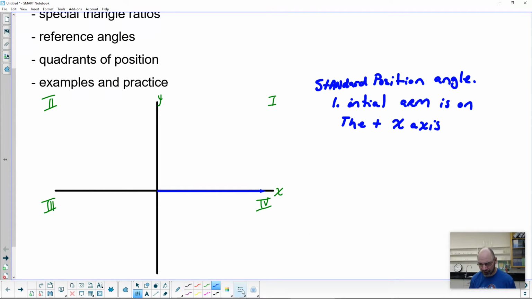I should probably skinny that up a little bit. So that means like that. And then the terminal arm will connect at the origin. We'll put the terminal arm as the green one, let's say. So let's just make one like this. I better put it as a ray.